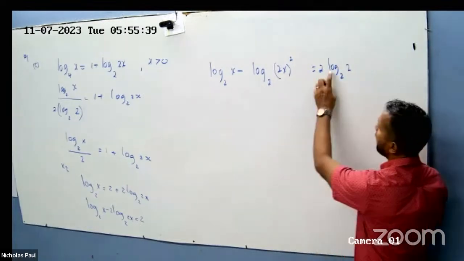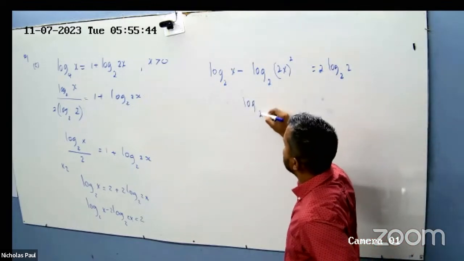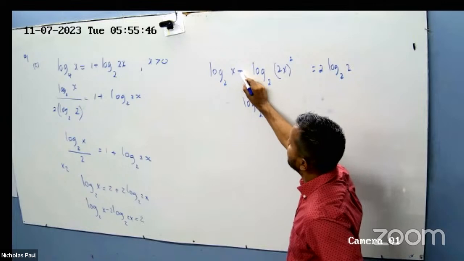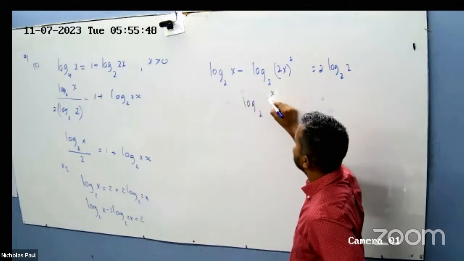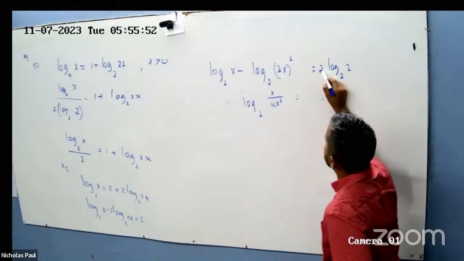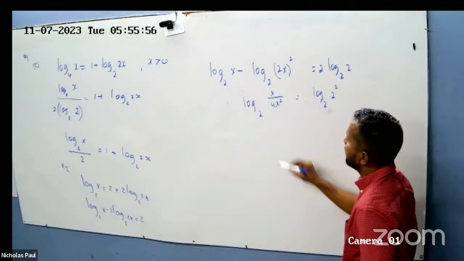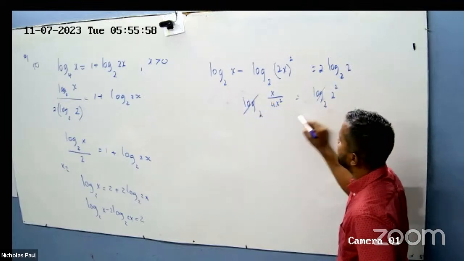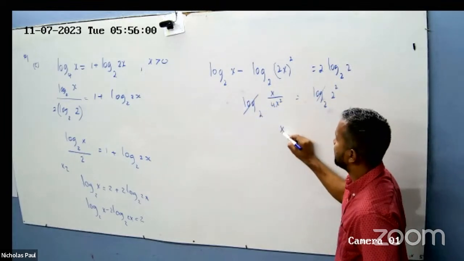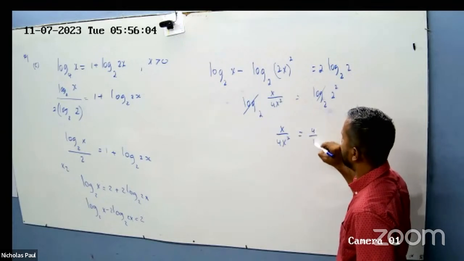This will allow you to have everything in terms of log. So this will be log to the base 2, subtract, same base, so we're going to divide. That's 4x squared. Bring this 2 here, and you will get log to the base 2 of 2 squared. This will cancel with this, and you'll get x over 4x squared is equal to 4.